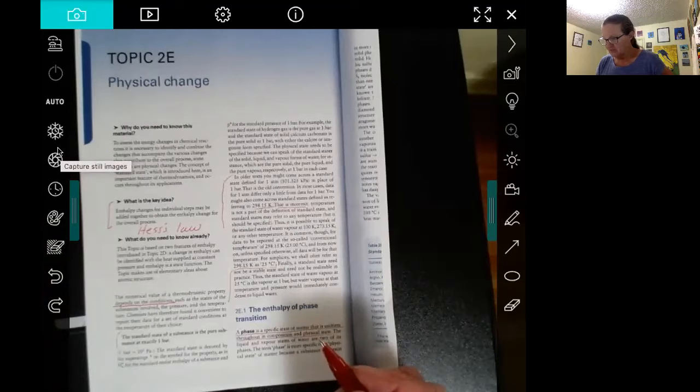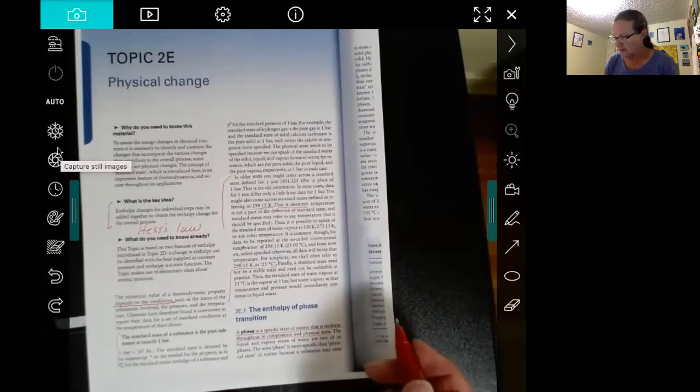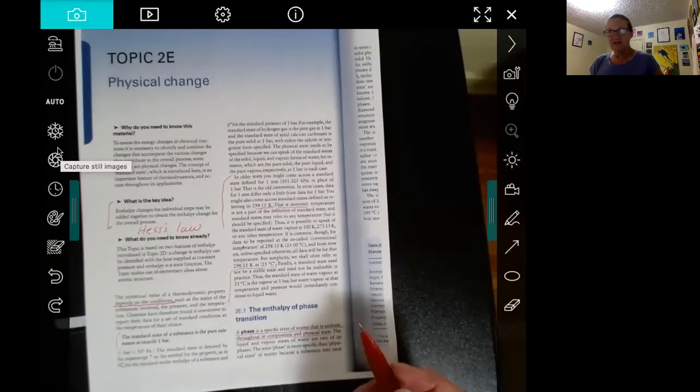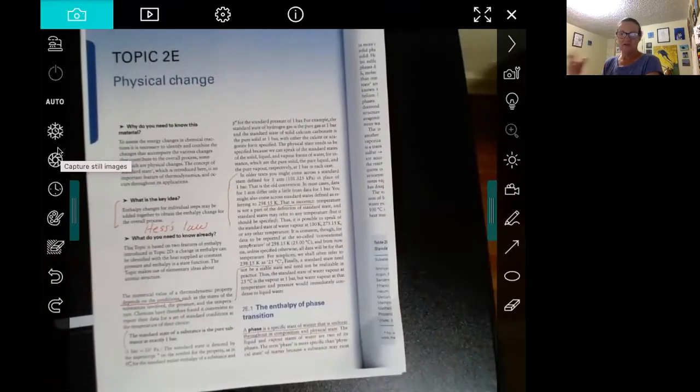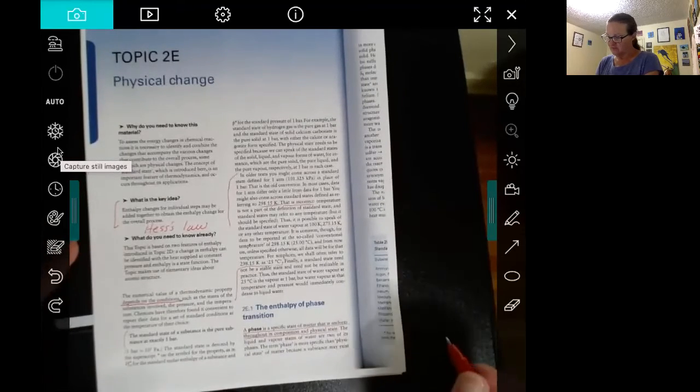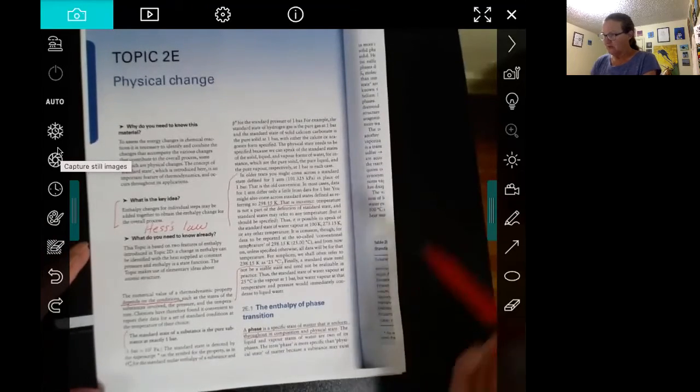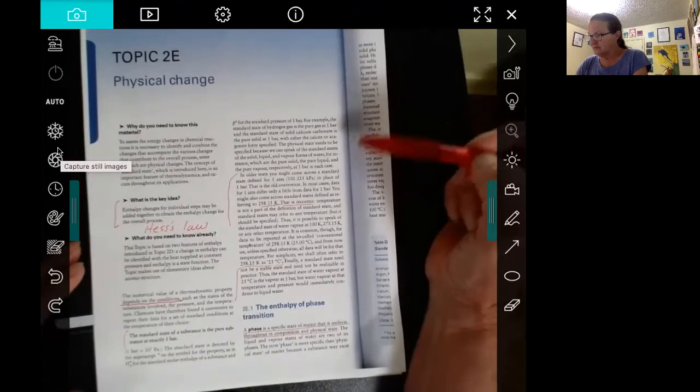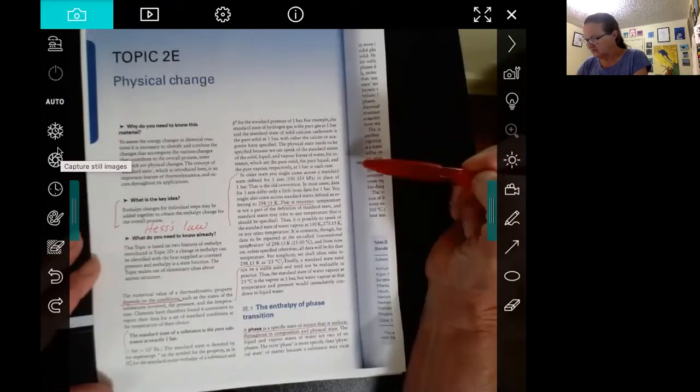So the standard state of a substance is the pure substance at exactly 1 bar. In your Gen Chem text, the old convention was still being used, that standard state is 1 atmosphere. So all those tables would be slightly different numerical values, but 1 bar is the accepted new standard for a standard state.